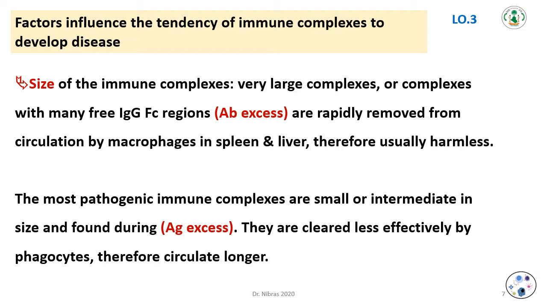Very large complexes, or complexes with many free IgG-Fc regions, that means antibody excess, are rapidly removed from circulation by macrophages in the spleen and liver, therefore usually harmless, while the most pathogenic immune complexes are small or intermediate in size and found during antigen excess. They are cleared less effectively by phagocytes, therefore circulate longer in the body.